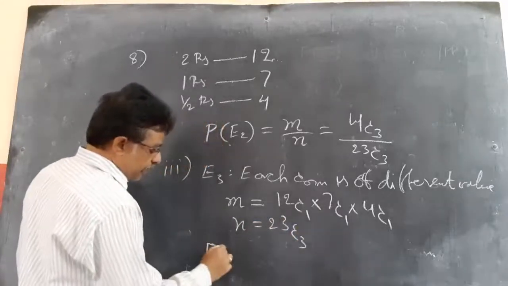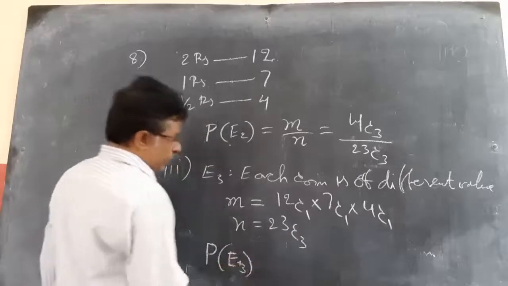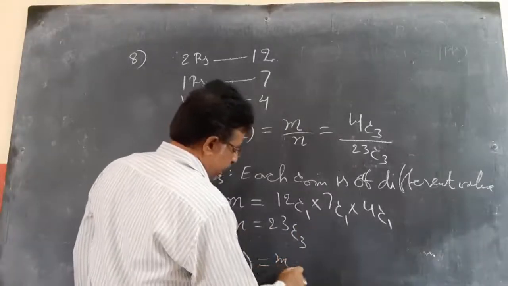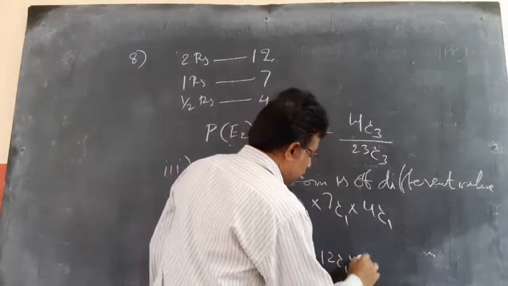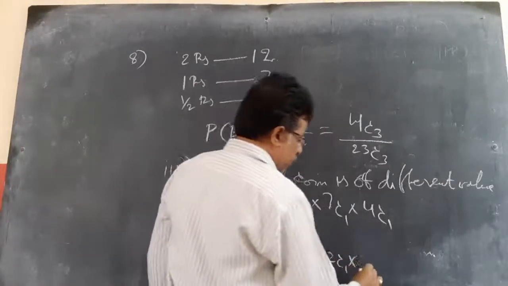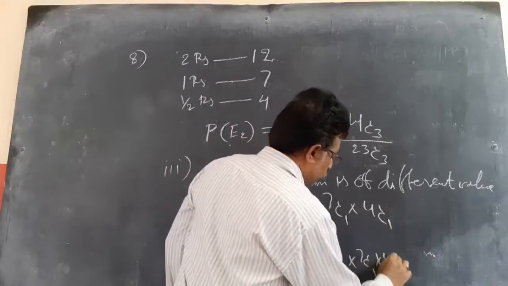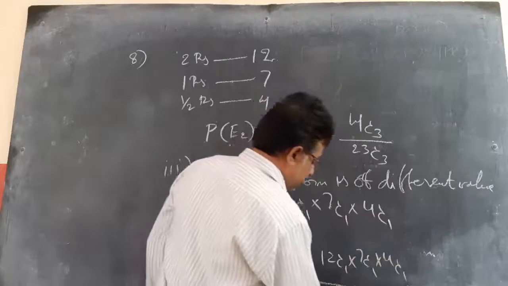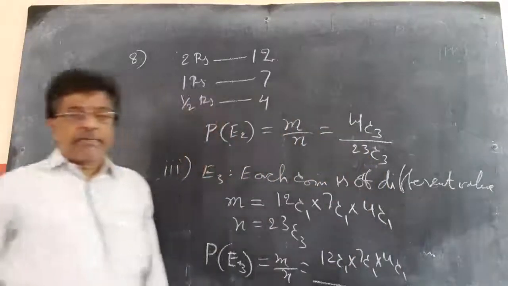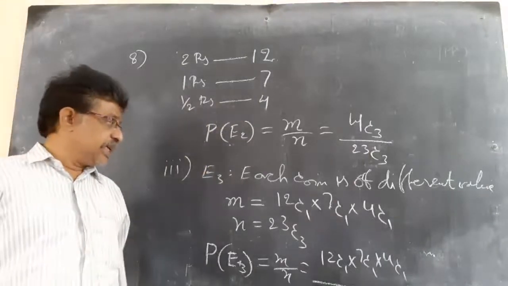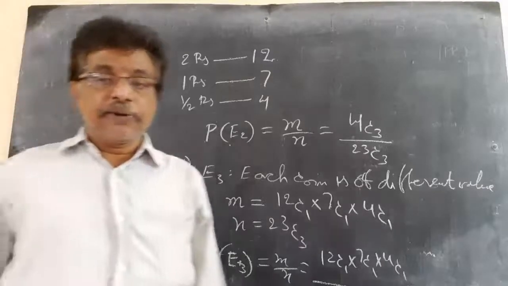Therefore, P of E2 equal to P of E3 equal to M by N equal to 12C1 into 7C1 into 4C1 by 23C3. That gives me each coin is of different value.